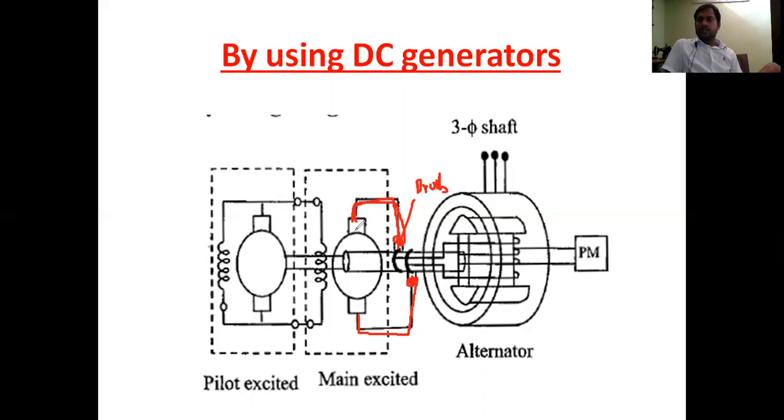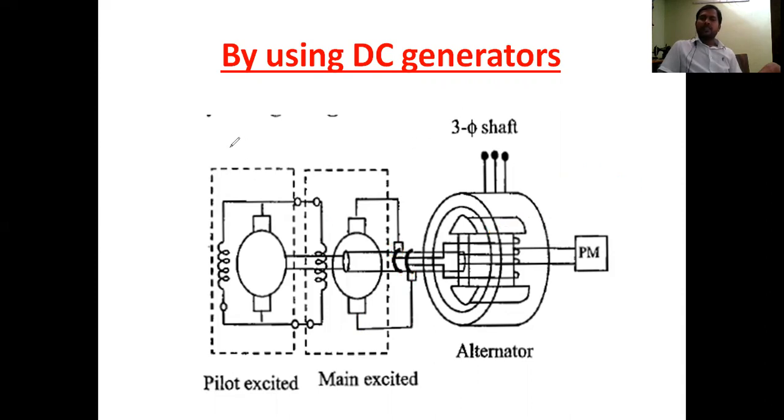Look at this one. This generator field is from another generator. So this field current IF is supplied by another generator which is connected on the shaft. This generator is suitable for low capacity. Split rings are available here, and through the two split rings the field supply is given to the alternator.